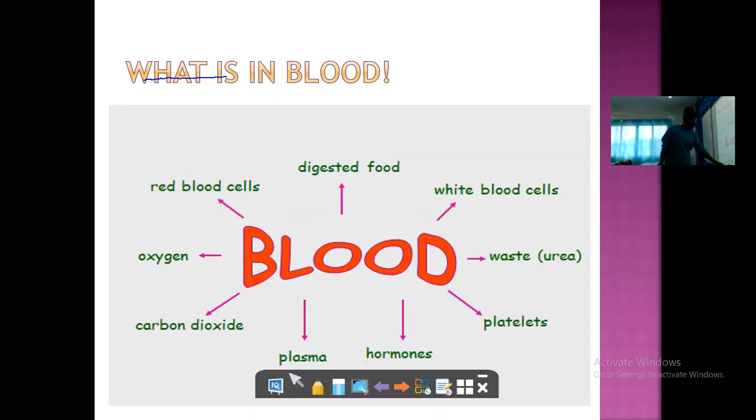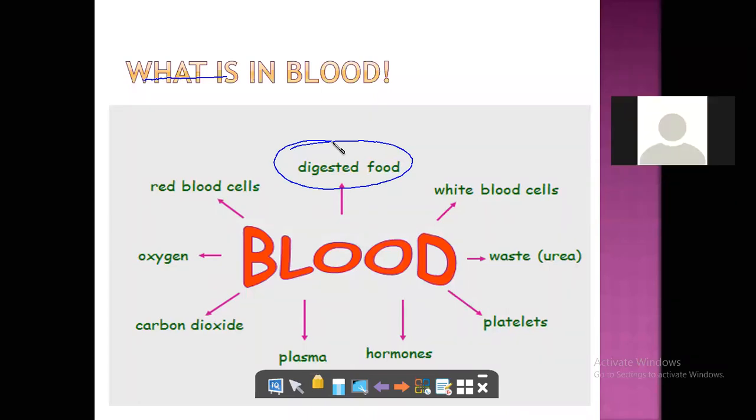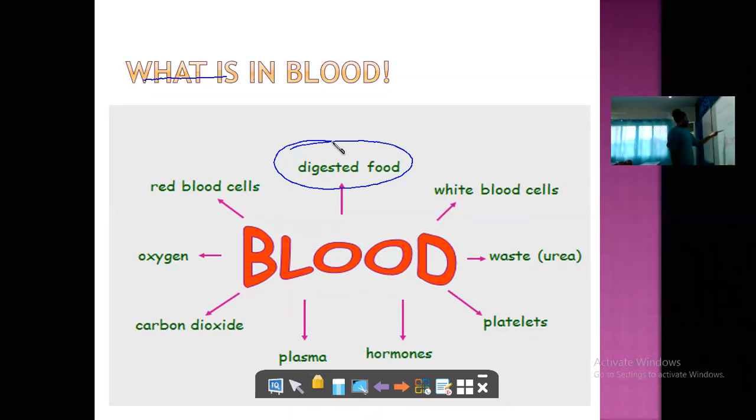Digested food nutrients: the food that we take in gets digested and absorbed. White blood cells. Red blood cells are responsible for transporting oxygen.